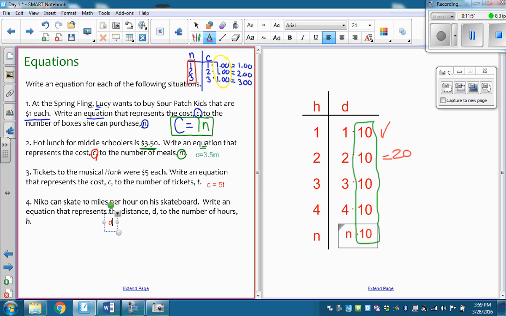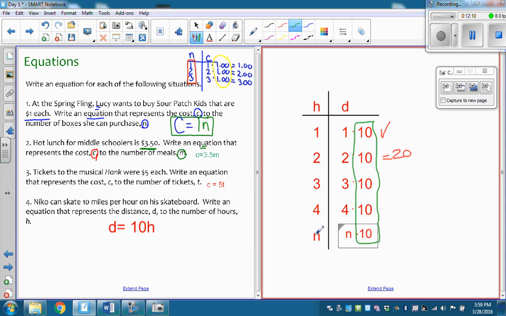The distance is equal to 10 times the number of hours. When we multiply, we can just put things right next to each other. We don't even need the dot. And these really should have been H's there. That should be a little H for hours.